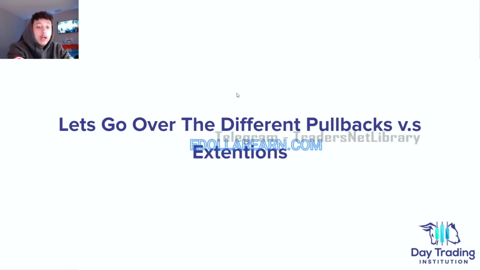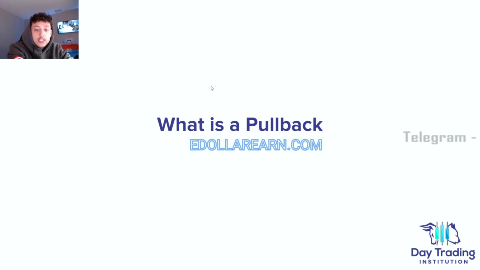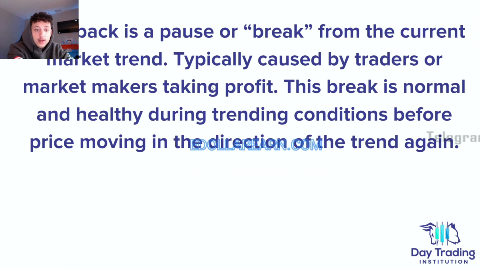So first of all, let's cover what a pullback is and what an extension is, because we have to be able to identify both of them. They play a role in our trading in terms of identifying the trend and market structure as well. So first, let's cover what a pullback is. A pullback is a pause or a break from the current market trend, typically caused by other traders or market makers taking profit.